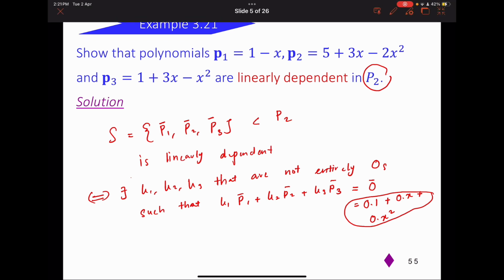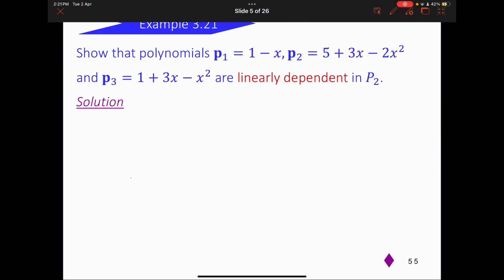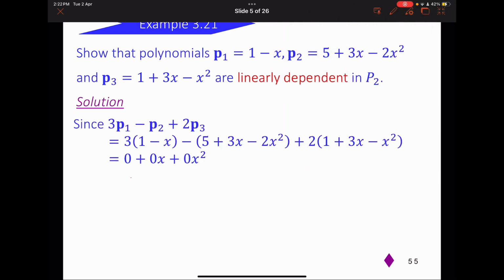So we have shown that, by finding the values K1 equal to 3, K2 equal to -1, and K3 equal to 2, this equation equals the 0 vector.